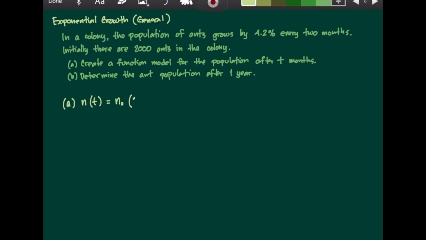Tapos, nag-grow siya ng 4.2% every 2 months. So, 1 plus 4.2%. Yung multiplier natin. Kasi syempre dapat nandun pa rin yung original population count. Raised to t. Now, this happens, yung 4.2%, this happens every 2 months. So, yung t na yun, we still have to divide it by 2. Para makukuha natin yung 4.2% increase when t is equal to 2. And this is our model.